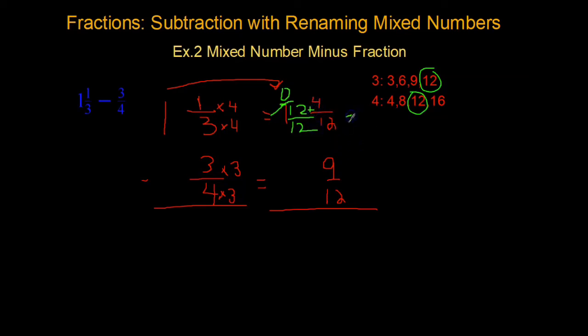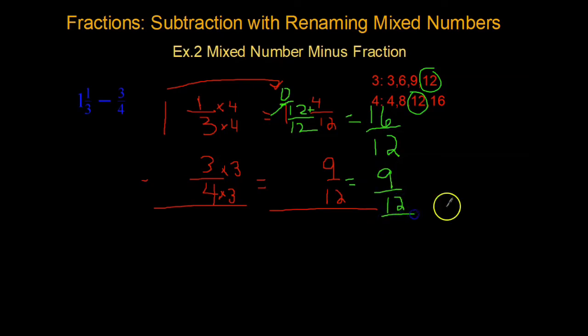And so now I'm going to have the fraction 12/12 plus 4/12, and that's going to give me 16/12. So over here, I'm going to have 16 over 12. That's going to be my equivalent fraction. And then 9/12 did not change. That stayed the same.